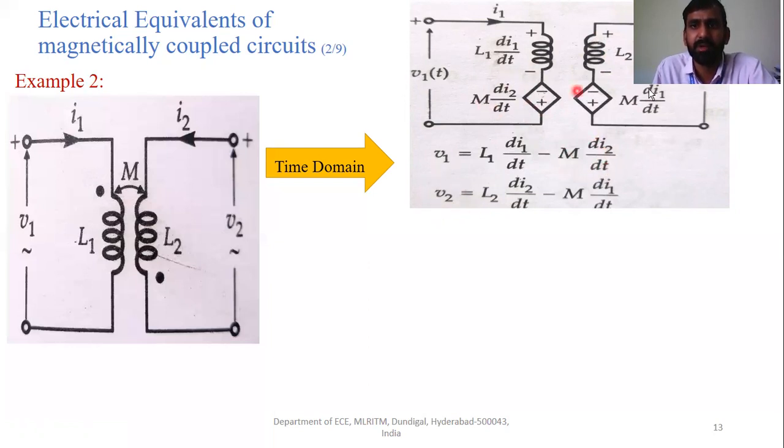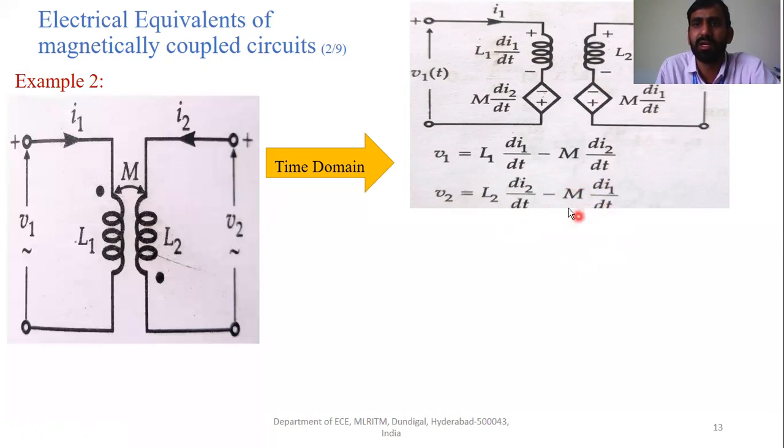So coming to the right hand side loop, we can check the same, applying KVL. V2 is equal to L2 di2 by dt. Again the M term is negative, so minus M into di1 by dt.